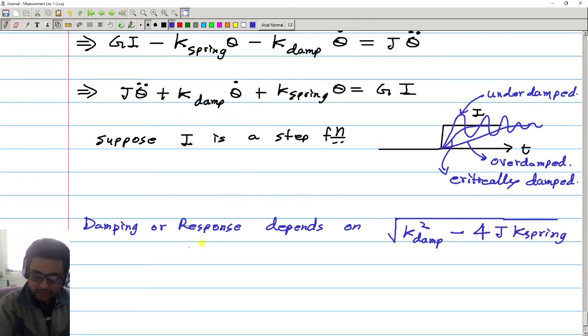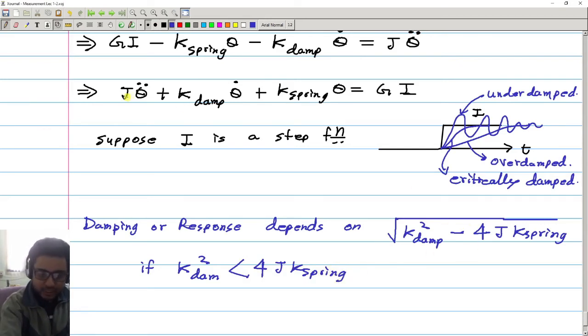And we know that if K damp squared is less than 4 J K spring, then this factor, or basically the roots of the characteristic equation, will be complex and we will get oscillation, an underdamped response.